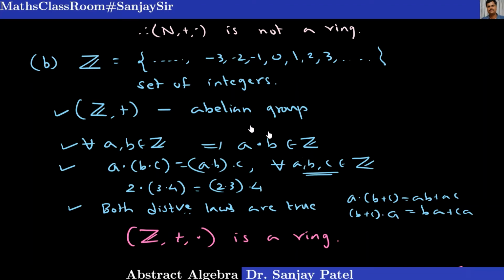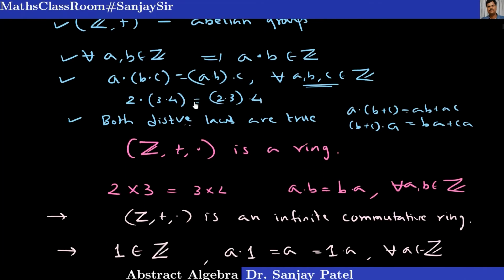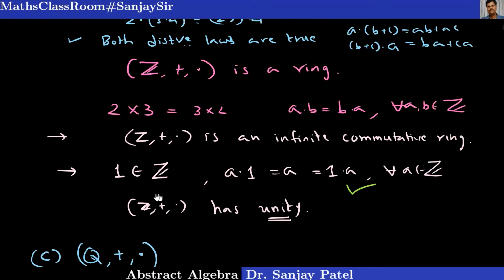Okay, ring Z has unity element, it is 1. This is the unity of Z. So we can discuss what are the units of ring Z. Say for example, if I take a is equal to 2, then there is no integer b such that 2 into b is equal to 1, or b into 2 is equal to 1.